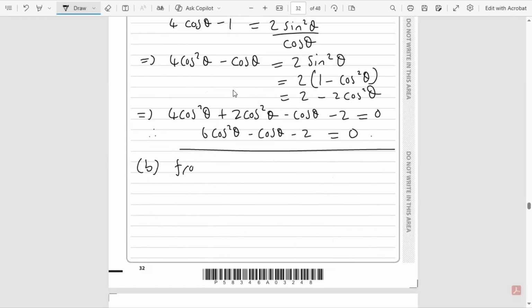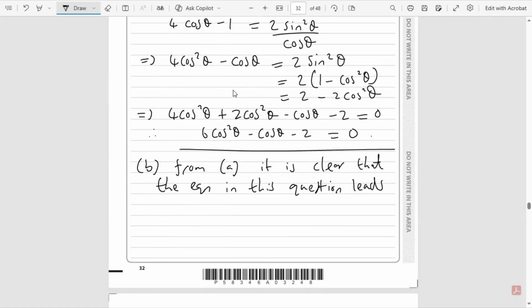From part A, it is clear that the equation in this question leads us to 6 cos squared, and then again change it to a 3x this time, so 3x minus cos 3x minus 2 equal to 0.